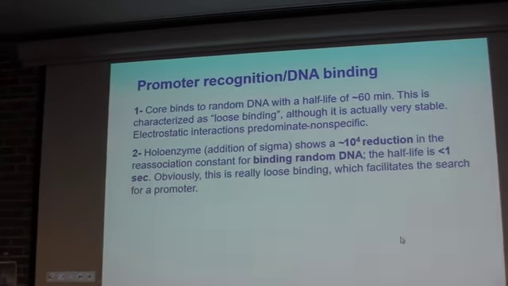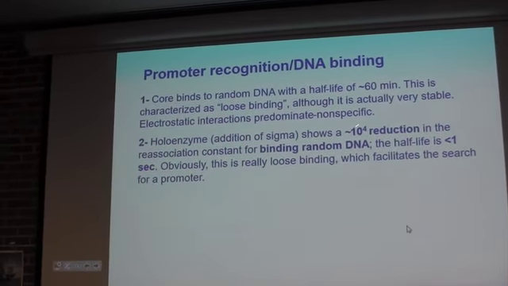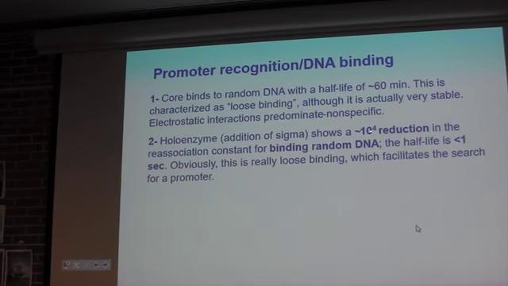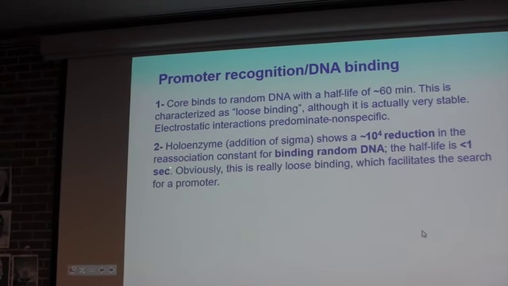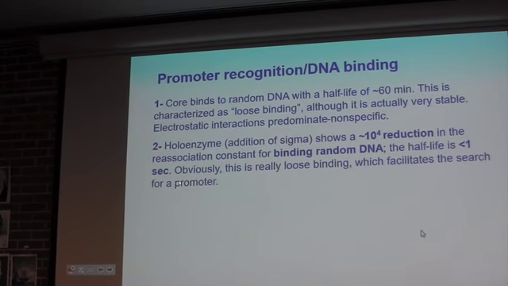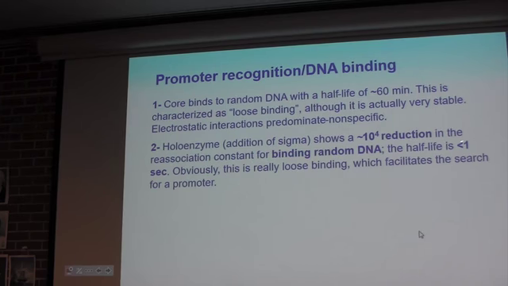But that's characterized as loose binding because you can get much tighter binding. Addition of sigma results in a 10,000-fold reduction in binding to random DNA, and the half-life now is a little less than 1 second. Really changes the half-life from an hour to less than a second.